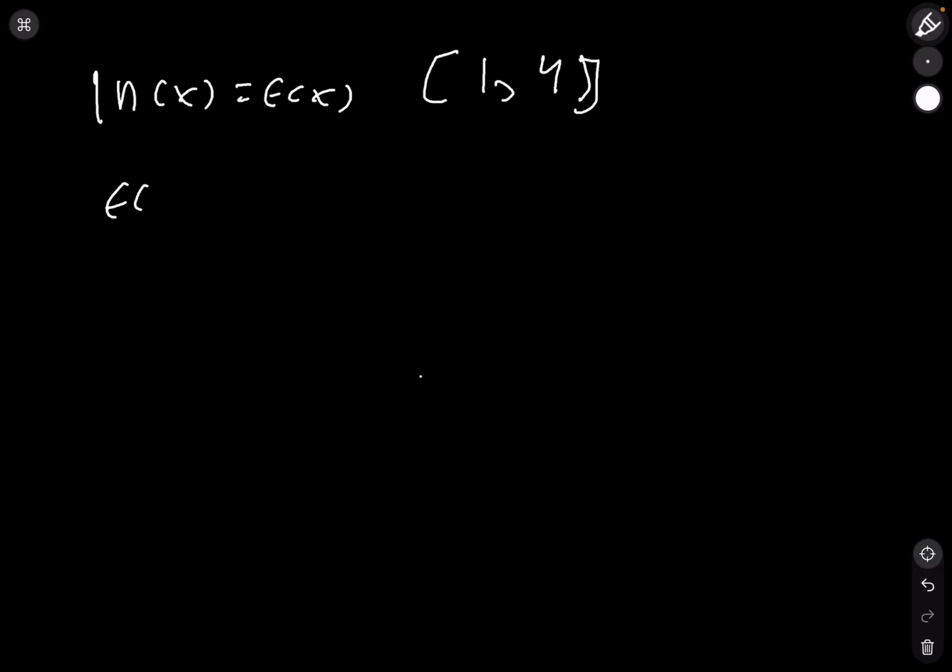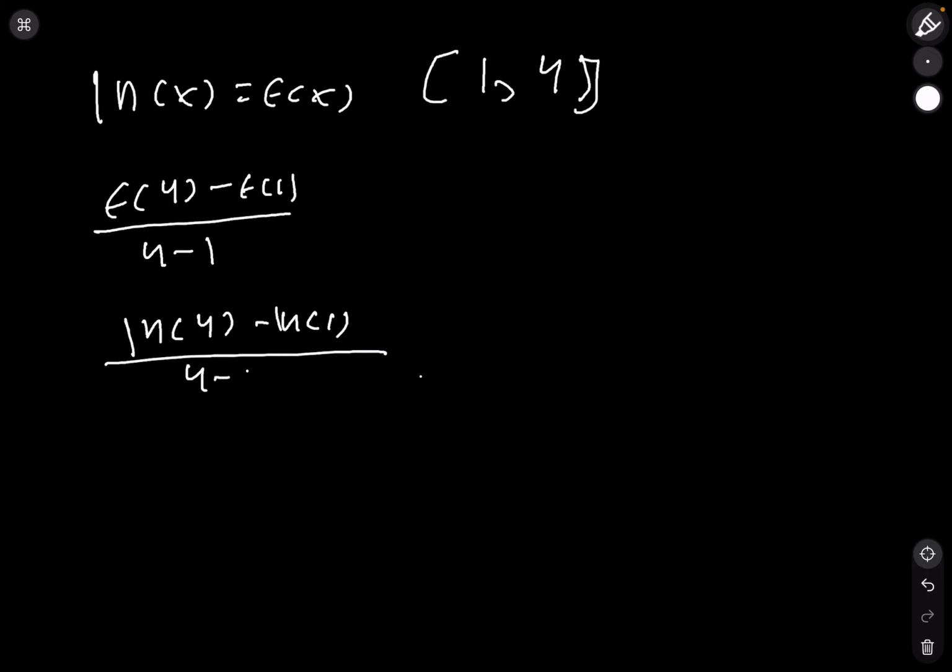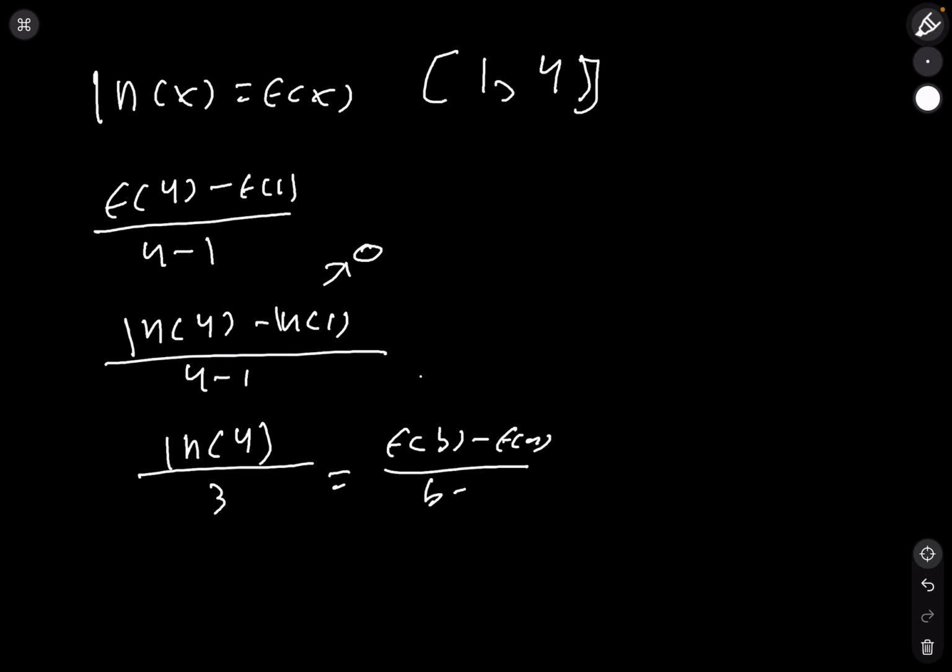So from here, we do f of 4 minus f of 1 all over 4 minus 1. f of 4 is natural log of 4, minus natural log of 1, all over 4 minus 1. Natural log of 1 is just 0, and if you want to see why, comment down below. I don't want to prove it right now. But essentially, we have natural log of 4 over 3, which is our f of b minus f of a all over b minus a.